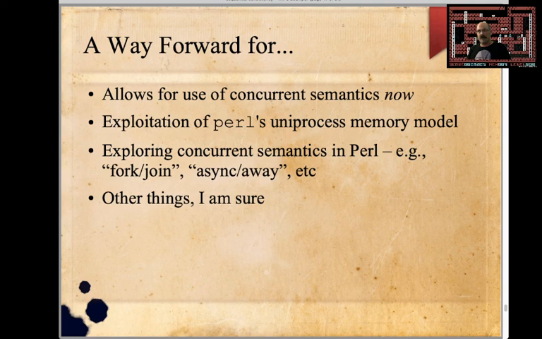In OpenMP, within their own literature and papers, they refer to it as primarily a fork join paradigm, meaning you have a sequential program, you break out into threads, each thread does its own thing, you've got shared memory, and then there's the point where the parallel section ends, and that's the join, and then it can proceed. OpenMP also has tasks and things like that, but that's not really what I'm talking about.